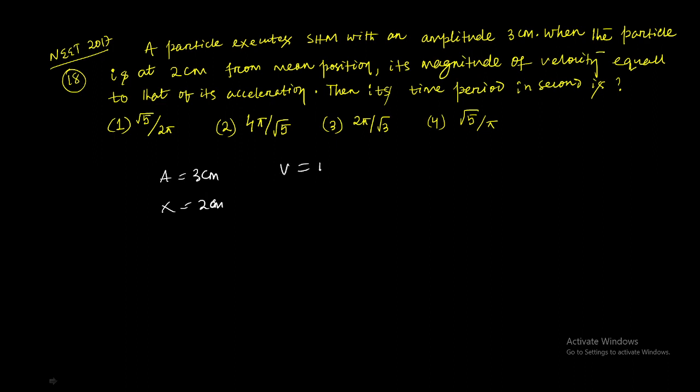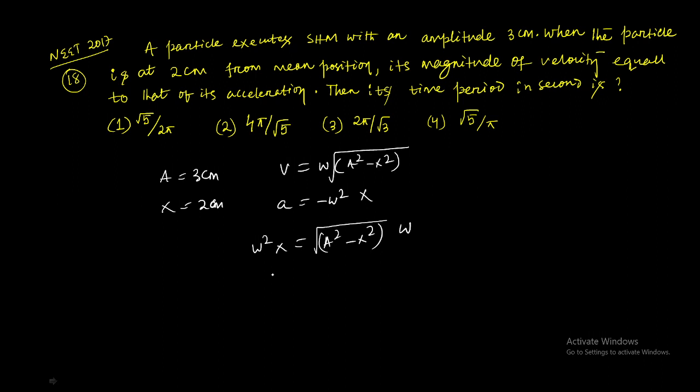So v equal to what? Omega into square root of A square minus x square. And acceleration equal to what? Minus omega square into x. So v equal to a they are saying. So omega square x equal to, in magnitude I am only writing, omega into square root of A square minus x square.